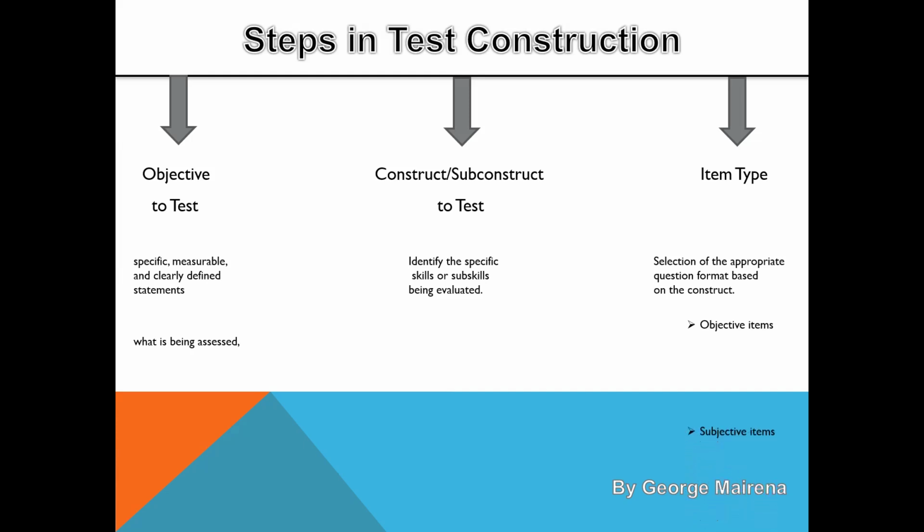What about the subjective items? Remember that in the subjective items, we were discussing in the previous session that it is here where the answer can vary, okay? So here there can be open-ended questions, oral responses, because if you ask the student, for example, where do you live?